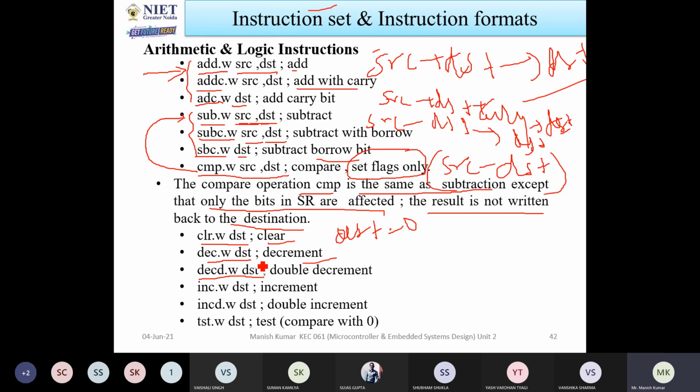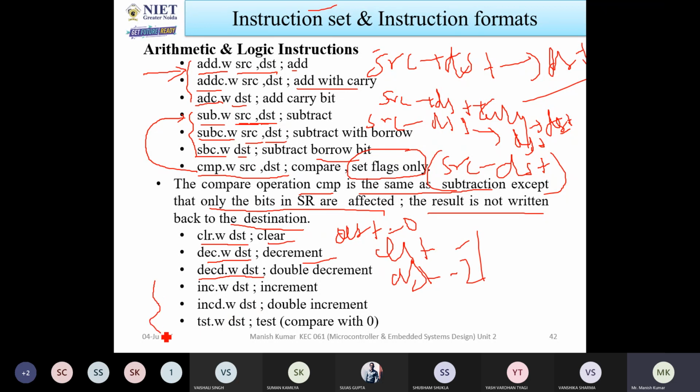When we are talking about dec.w, it means that whatever the destination register's value is, you have to subtract 1. When we are talking about decd.w, then we are subtracting 2 from the destination register. This is the case of decrement.